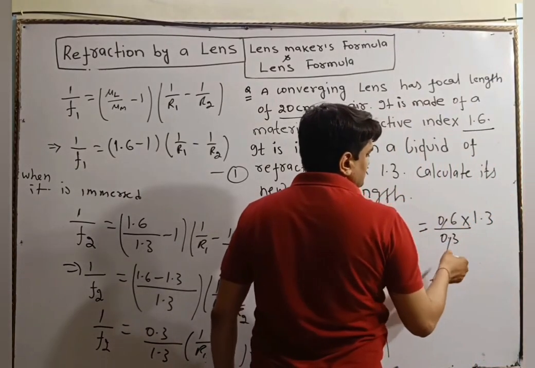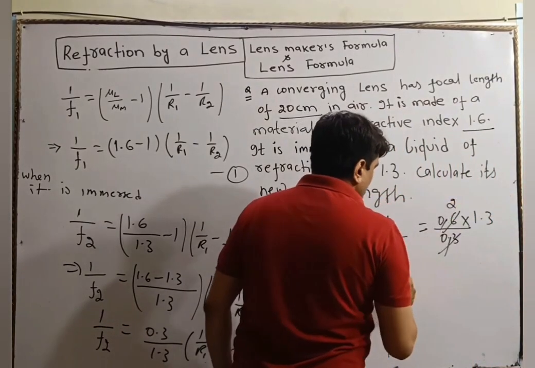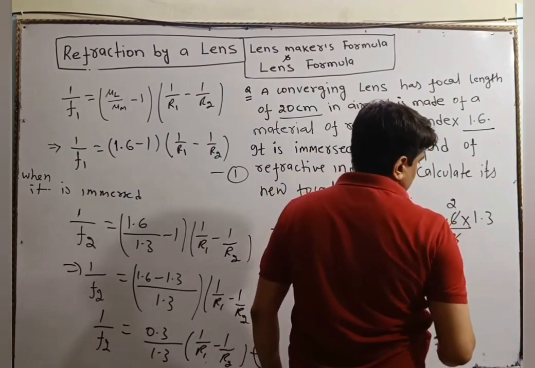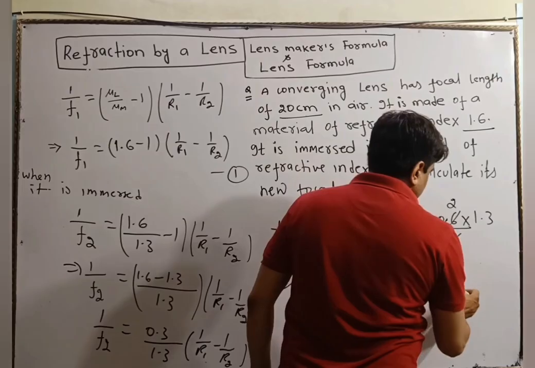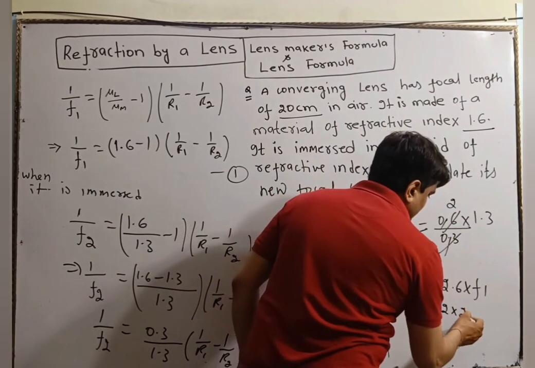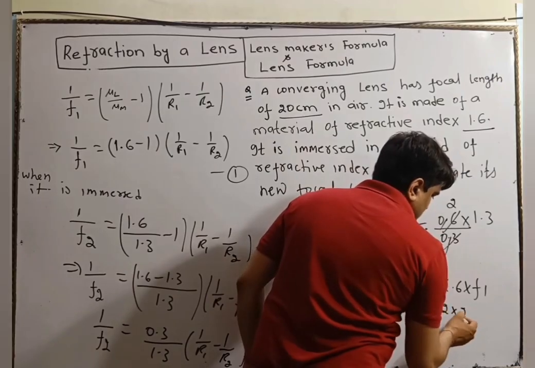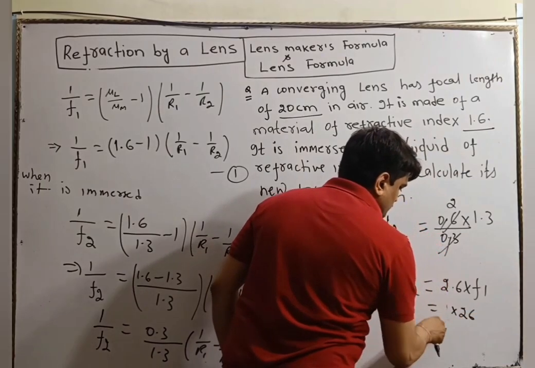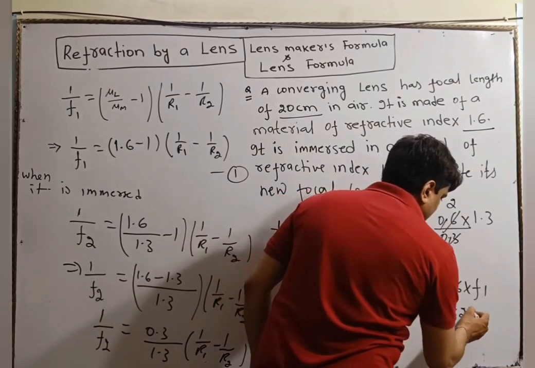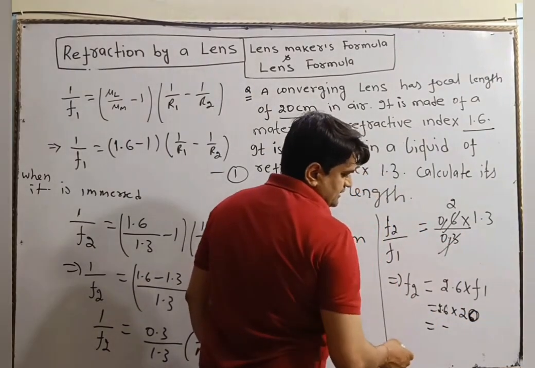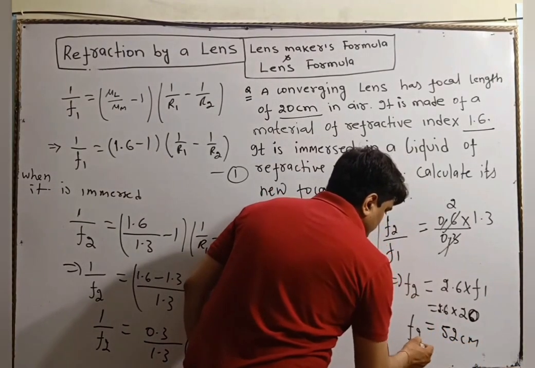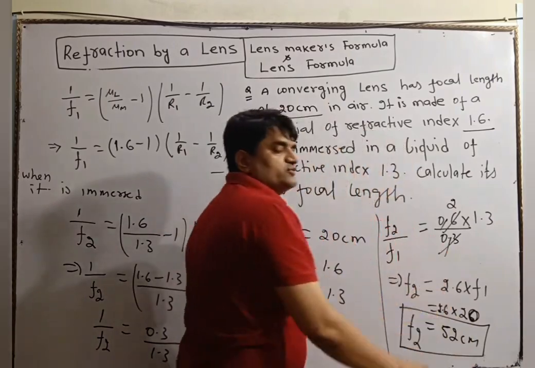We can remove the decimal, it will be 2.6. So F2 will be 2.6 times F1, and F1 is 20 centimeter. So 40 and 12, it becomes 52 centimeter. So the new focal length will be 52 centimeter.